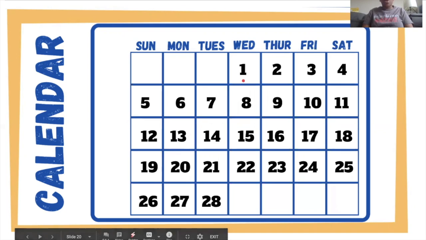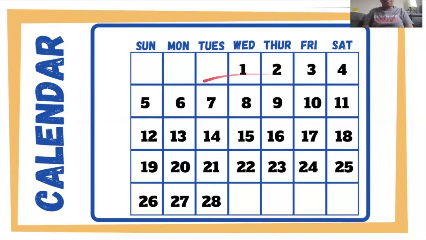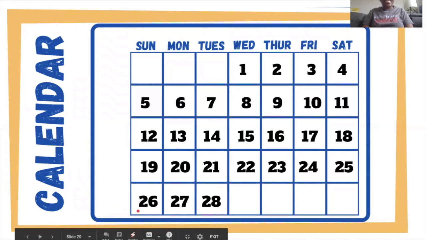Here we go. 1, 2, 3, 4, 5, 6, 7, 8, 9, 10, 11, 12, 13, 14, 15, 16, 17, 18, 19, 20, 21, 22, 23, 24, 25, 26, 27, 28.